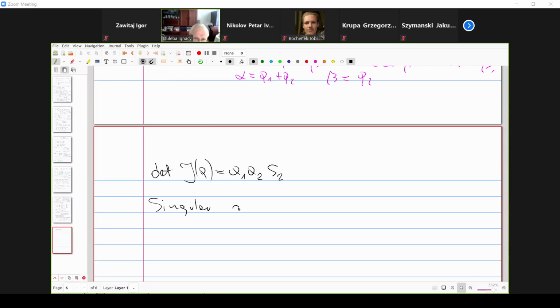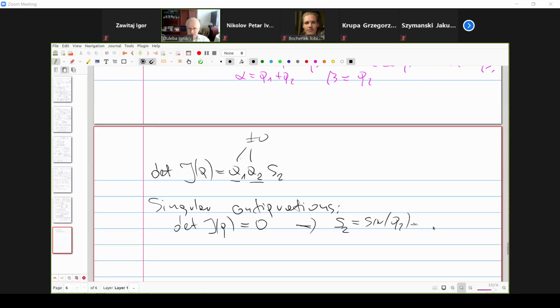Singular configurations: because A1 and A2 are lengths of links, we can assume that they aren't equal to 0. So the determinant is equal to 0 when the sine of Q2 is equal to 0.